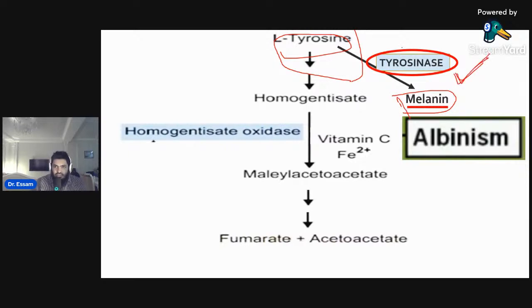So, if the tyrosinase enzyme is absent or not functioning properly, then melanin production will be down. And melanin is responsible for giving the color to the hair and the skin. So that's why lack of melanin will cause this condition known as albinism.